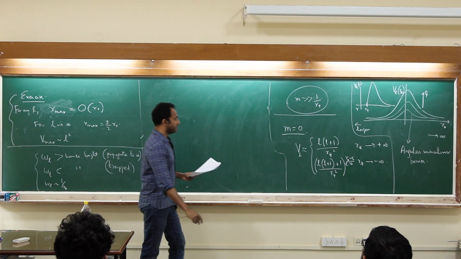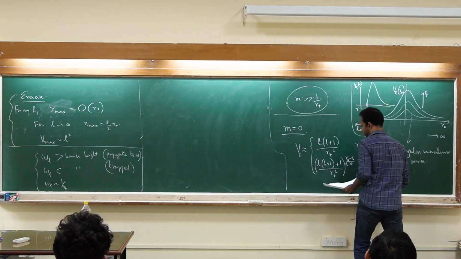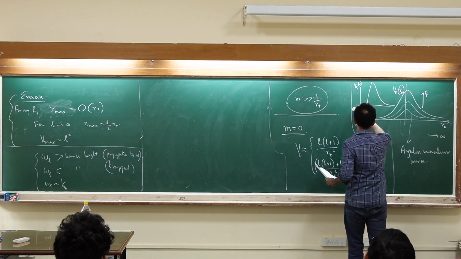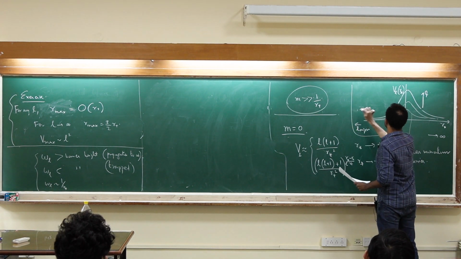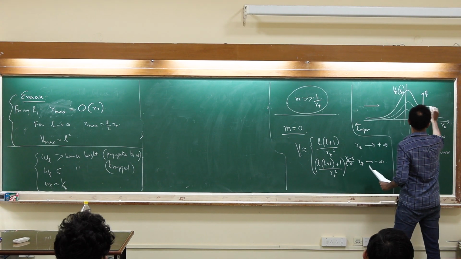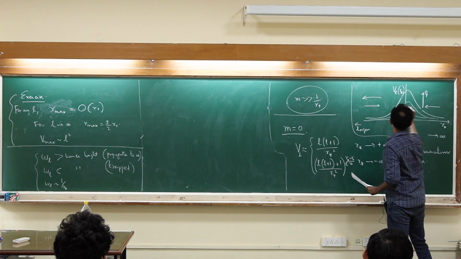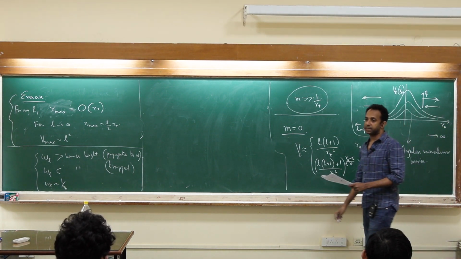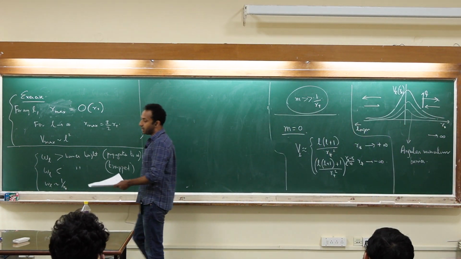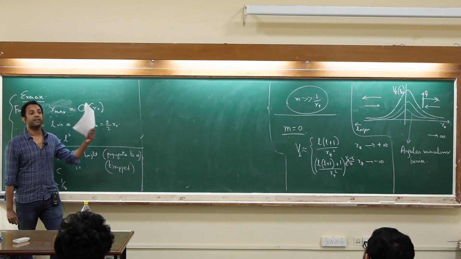So the point is that, for this potential here, what we are interested in, in a standard quantum mechanical problem, is that there will be modes going this way and this way, right? So e to the minus or plus i omega r star on either side of the barrier.